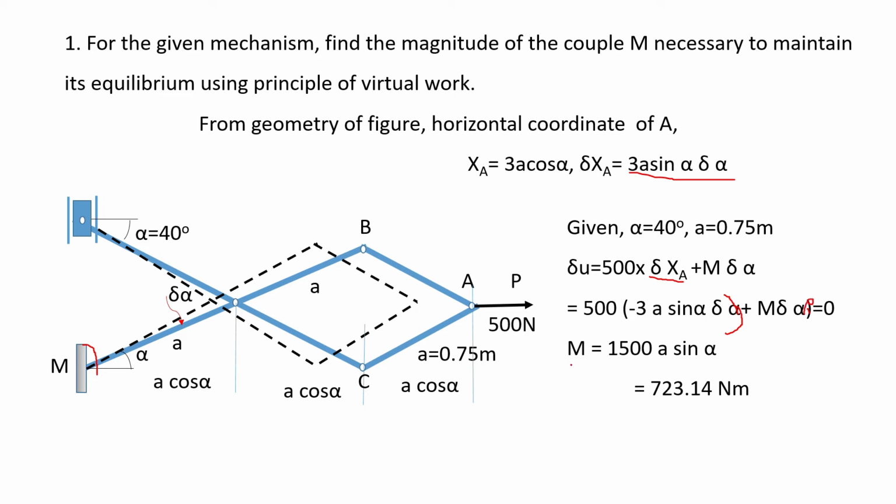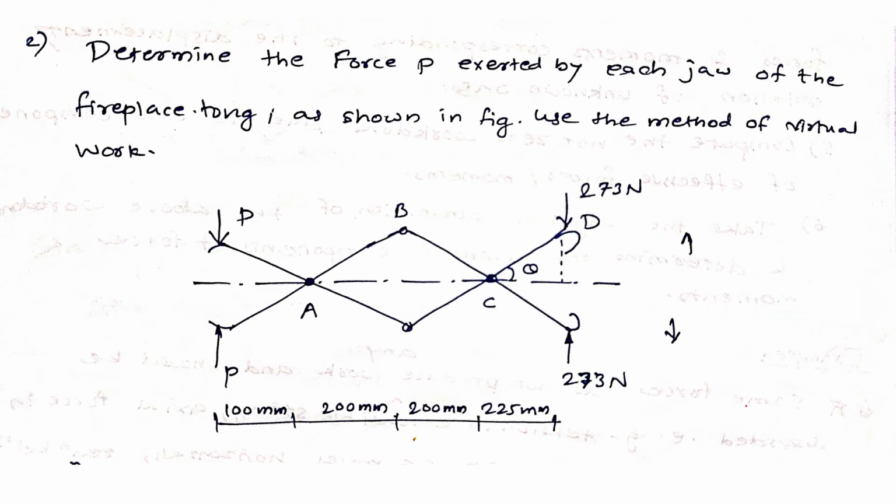So what we get, the value of M is 1500 into a sin alpha. Now in the problem we have the value of alpha as 40 degrees, and a is equal to 0.75 meter. So you can do your own calculation, students, and find out the answer. You can even check the answer.